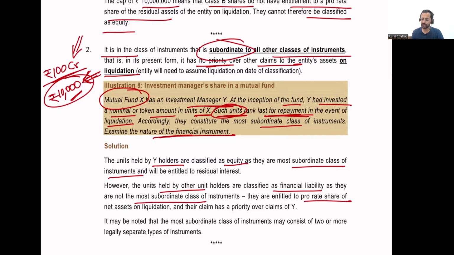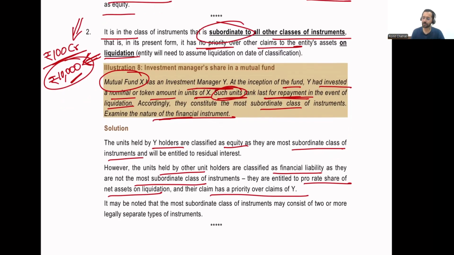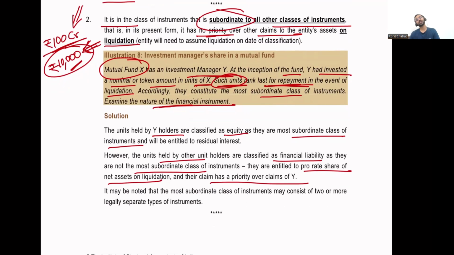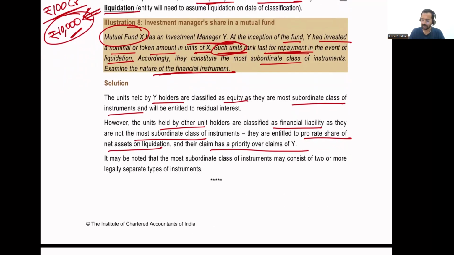They are entitled to a pro rata share in net assets, but they have a priority over the claims of Y. Those unit holders are also entitled to a pro rata share in the net assets, just like Class B, or units held by Y. Class A is also entitled to a pro rata share in the net assets, but the difference is Class A has a priority over Class B. Therefore only Class B, which is the units held by investment manager Y, will be classified as equity, whereas the units held by the external unit holders will be classified as financial liability.